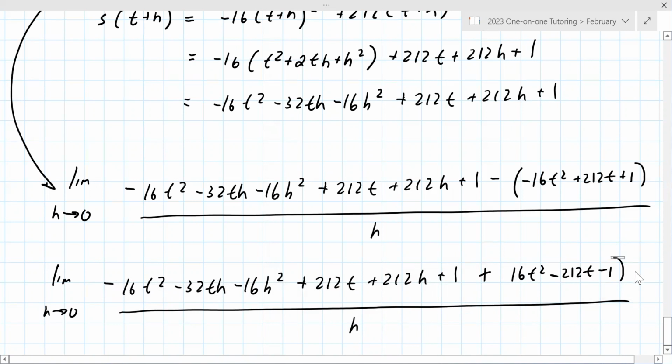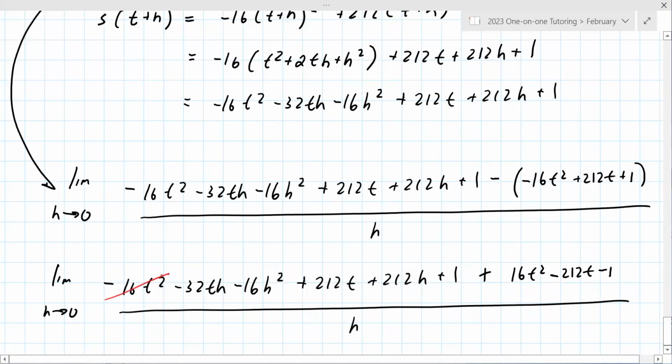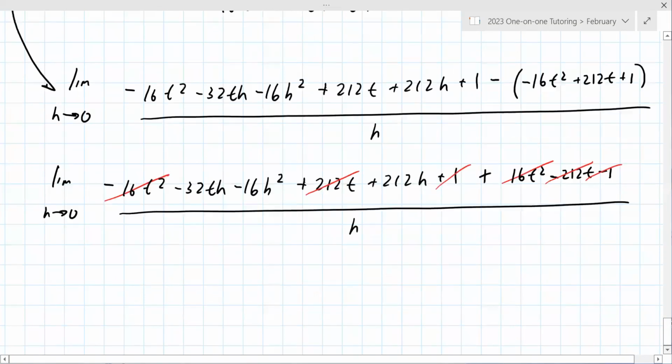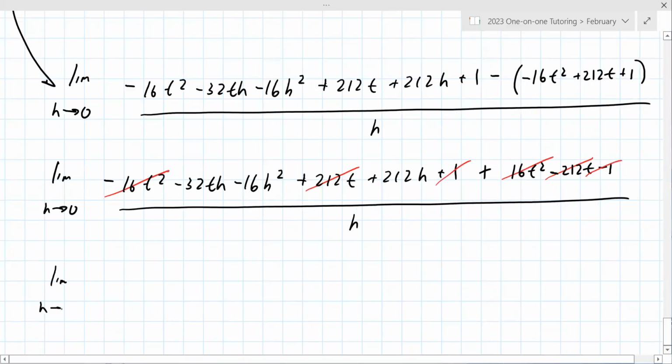And then a bunch of stuff cancels. Thank goodness. Yeah, it's trash, isn't it? So this goes with that one, and that goes with that one. You're left with everything having an h in it, which is important here: minus 32th minus 16h squared plus 212h all over h.